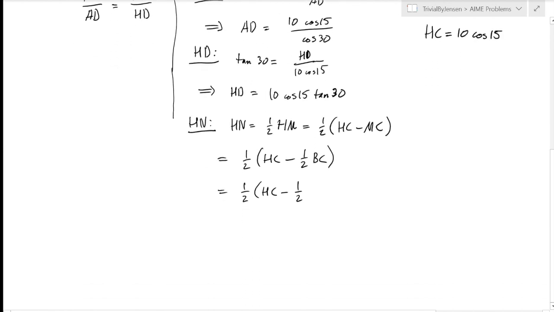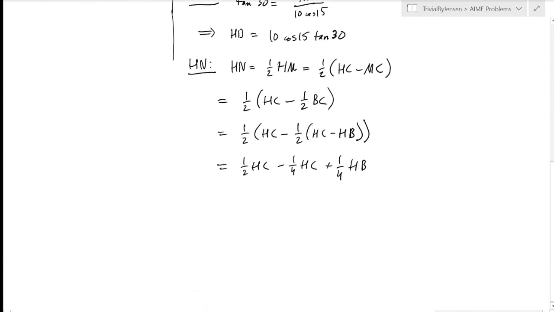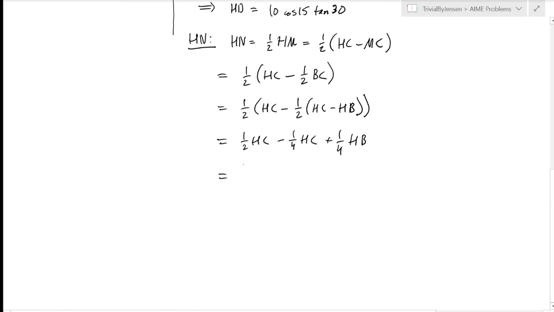Now we can compute all these values. First I'll simplify a bit. We have half HC minus a quarter HC plus a quarter HB. So we're left with a quarter of HC plus HB. Now we can actually find these values.